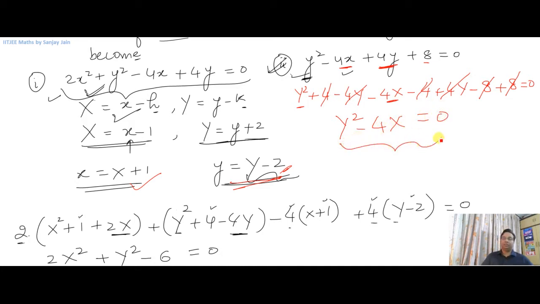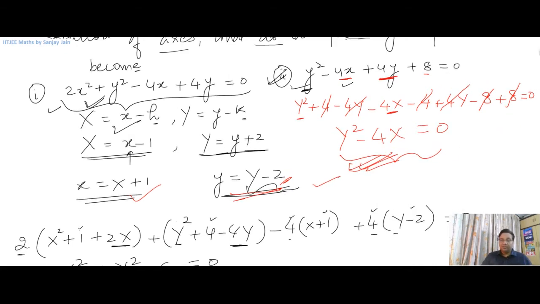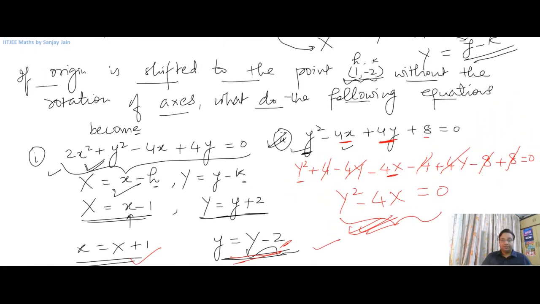So this is the new equation, or the equation in the new coordinate system. I shifted the origin to a new place, and now I've got a completely new rectangular coordinate system with a new origin. So this is the equation with new coordinates. This was the purpose of this question.